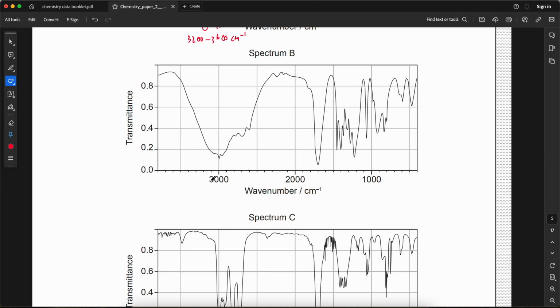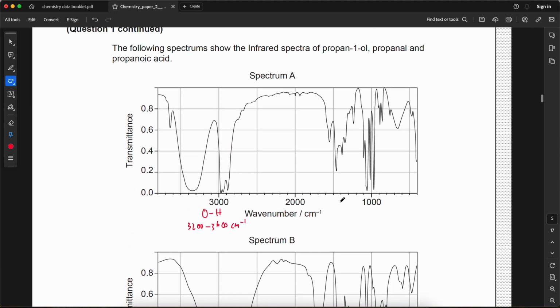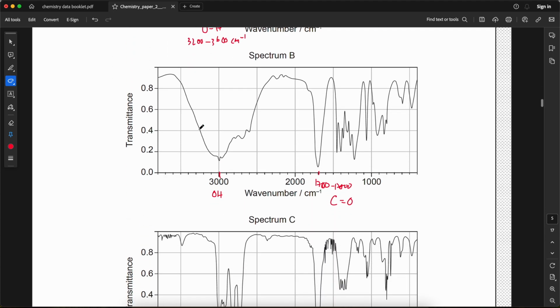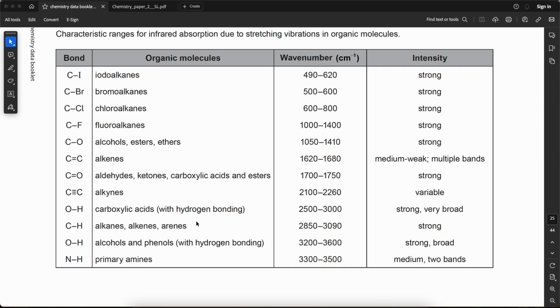Spectrum B, you've also got 3000 here and something else here around 1700 to 1750. It's C double bond O and this one is OH. So C double bond O, it's propanoic acid because it has C double bond O and OH, and on this also we have OH. But for carboxylic acid it is between 2500 to 3000.